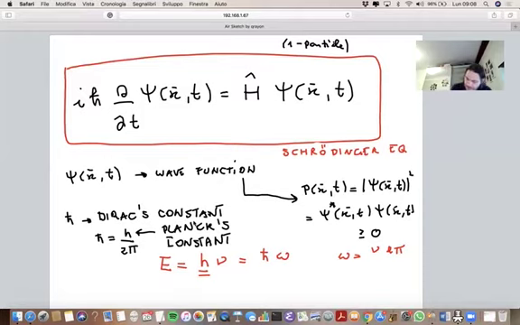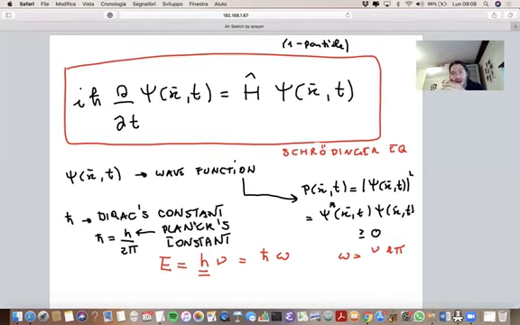Because remember, one of the essential features that we discussed in quantum mechanics was, for instance, energy quantization, and the quanta are proportional to this constant. So when this constant becomes small, then all the quanta become very, very near to each other, or the energy differences become near to each other, and essentially lead to a continuum.